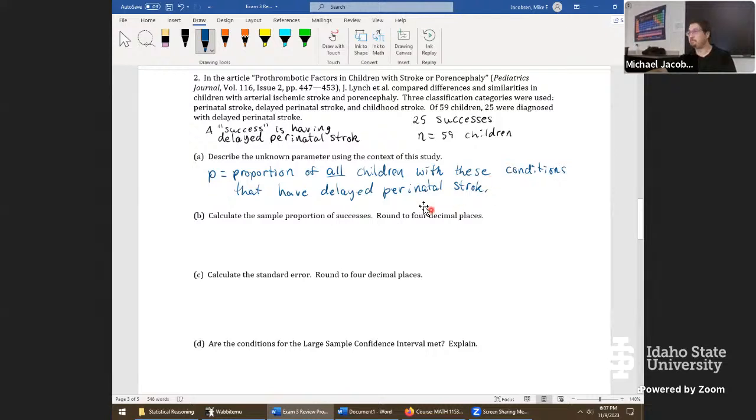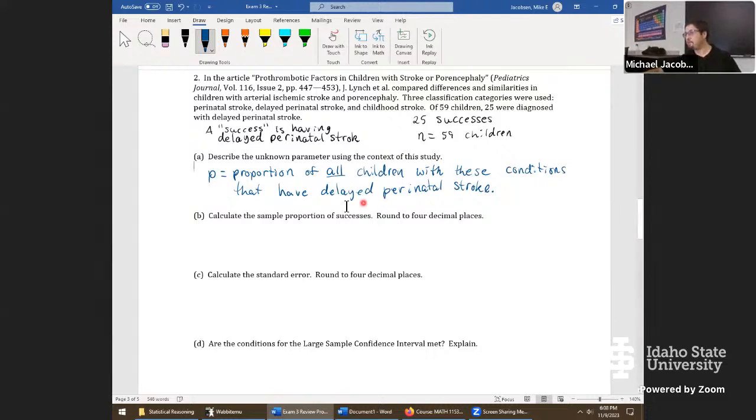I put here, just to simplify writing out the parameter, these children is referring now to children with the condition right here. So that's definitely baked into the context throughout. If we say these children, we'll be referring to those children with that specific condition. So that's our parameter so far. Any questions or additions that folks would want to put here, other than let me spell stroke correctly?